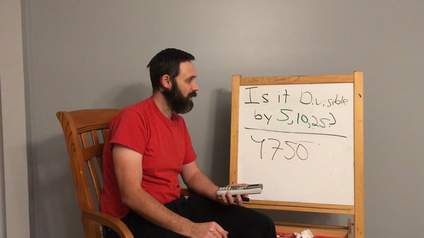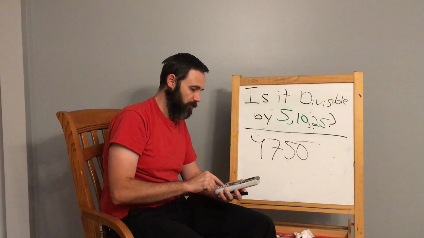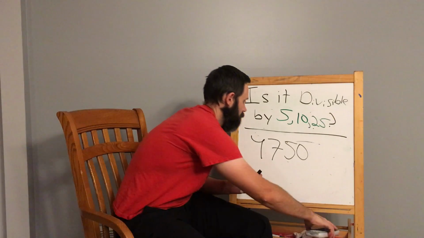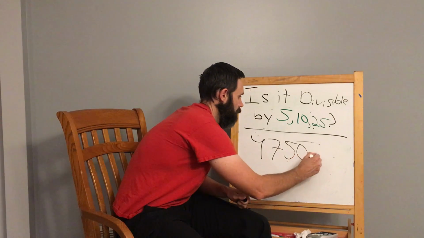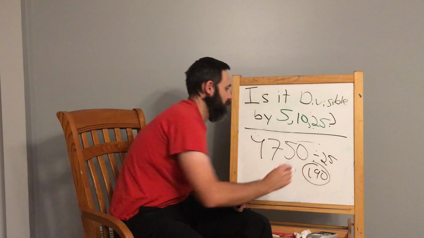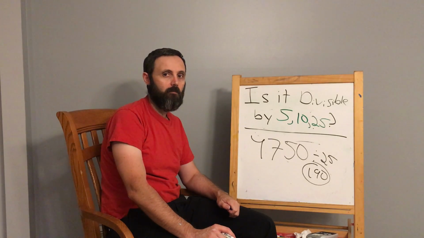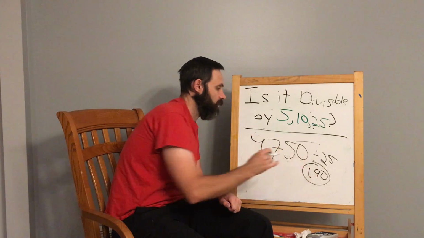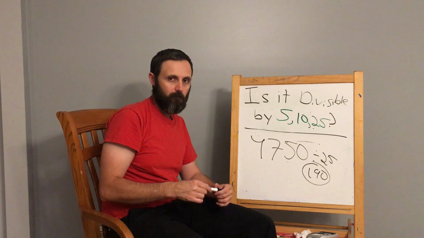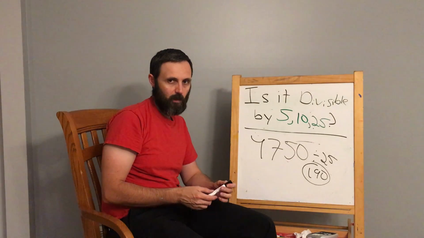That means that I can take out 25. So 4,750 divided by 25, and I get 190, okay? Divided by 25, and I'm already down to 190. So that is a big deal. That is going to help me anytime I'm doing the square root of something, okay? When I can pull that 25 out, okay?